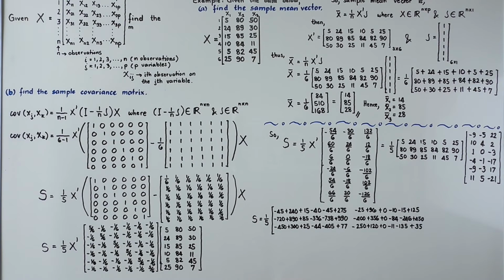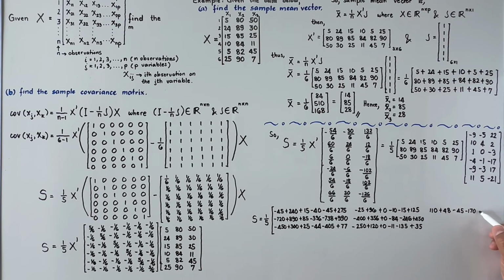Also multiplying these 3 rows by the last column, the third column here. So 5 times 22, that is 110. And then 24 times 2, that's 48. And then 15 times negative 3, negative 45. 10 times negative 17, we have negative 170.